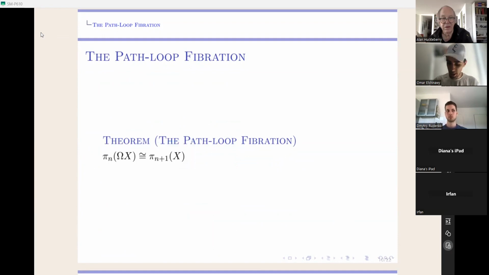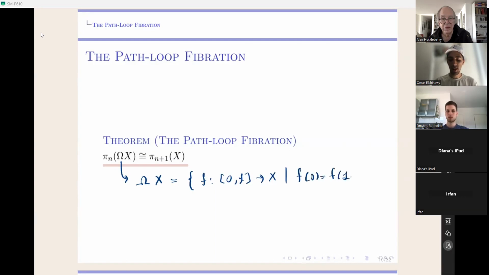So we have this isomorphism. Lambda of x is the path space, so it's all continuous functions from the unit interval into x, such that it starts and ends at the same point.